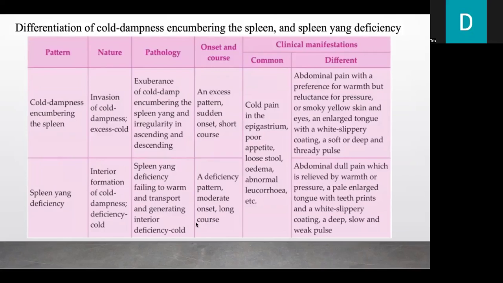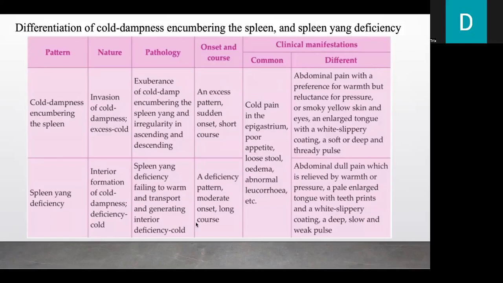Common clinical manifestations would be cold pain in the epigastrium, poor appetite, loose stool, edema, abnormal leukorrhea, and the different clinical manifestations would be abdominal pain with a preference for warmth but reluctance for pressure, or smoky yellow skin and eyes, an enlarged tongue with a white slippery coating, and the pulse would be soft or deep and thready.